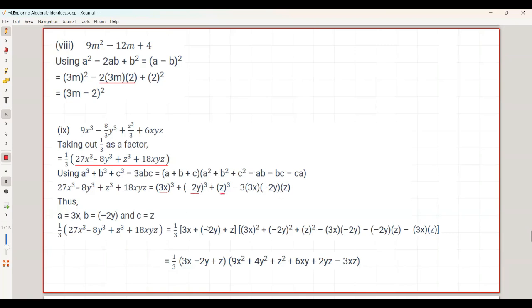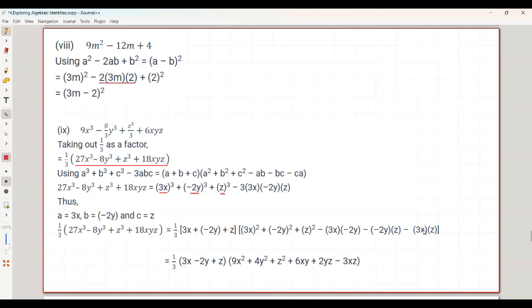Now in the formula you replace the values. 1 by 3 is outside, just keep it. The formula is (a plus b plus c) into (a square plus b square plus c square minus ab minus bc minus ca).